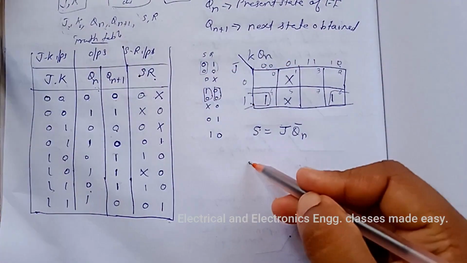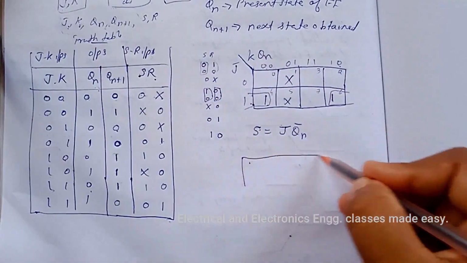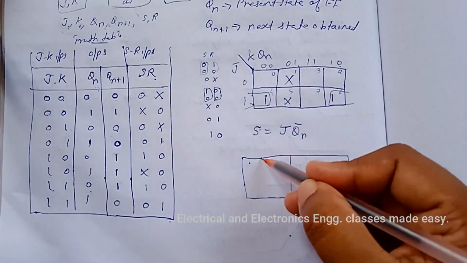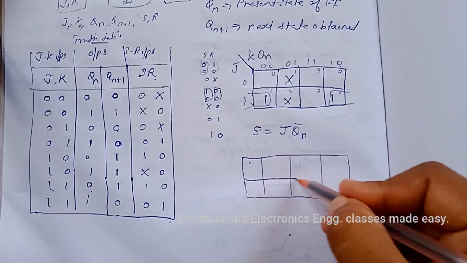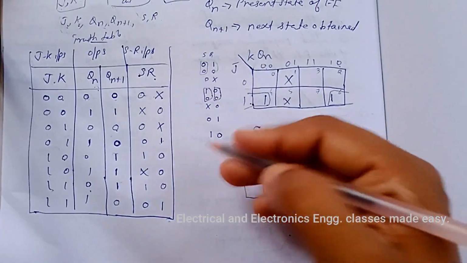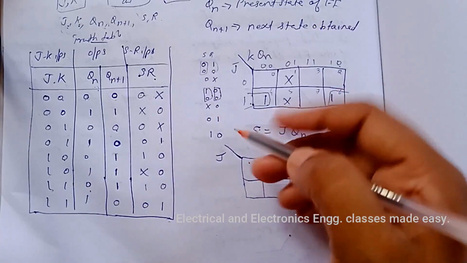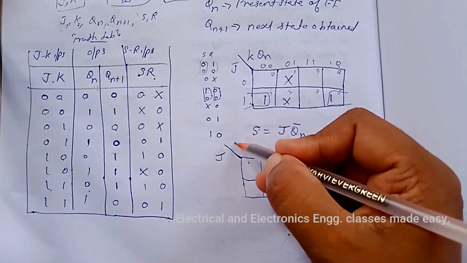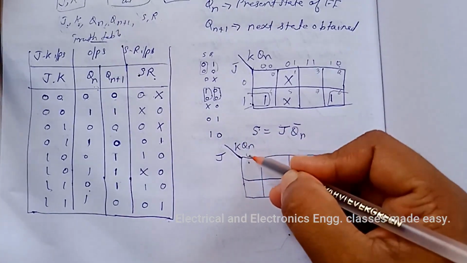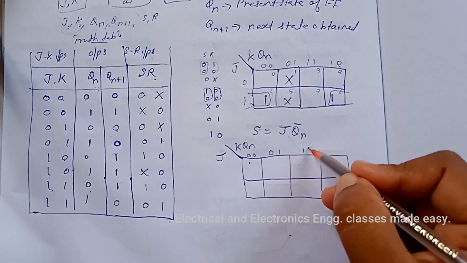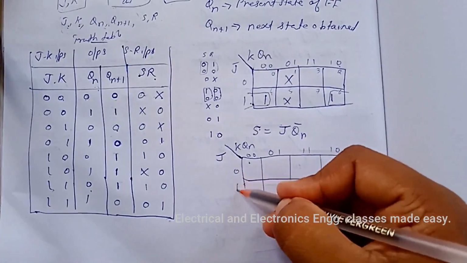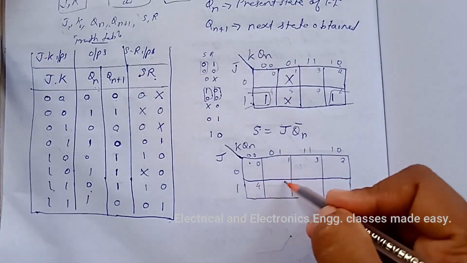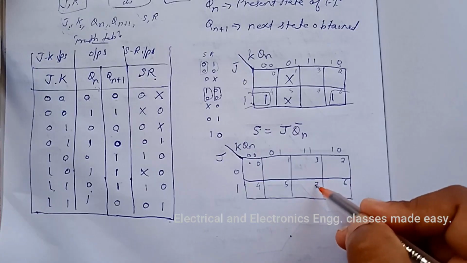Next is design for R. Again draw 3 variable K map. The classes for the K map are also in this channel, so please go through it. Then J, K, Qn 0 0 0 1 1 1 1 0 and 0 1, then here 0 1 2 3, 4 5 6 and 7.